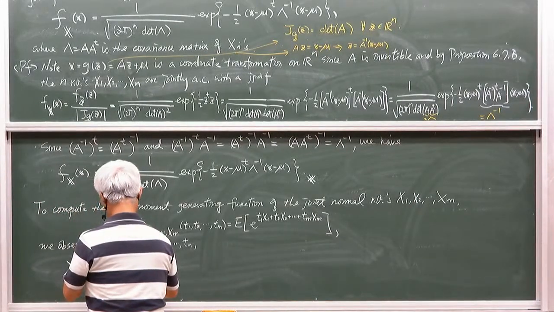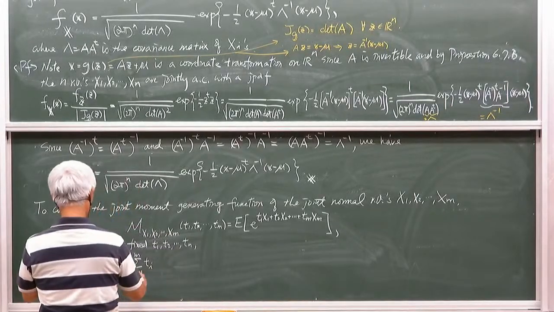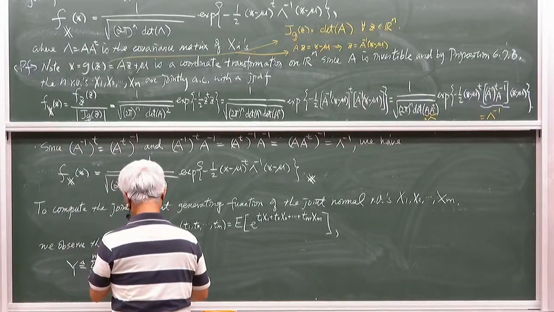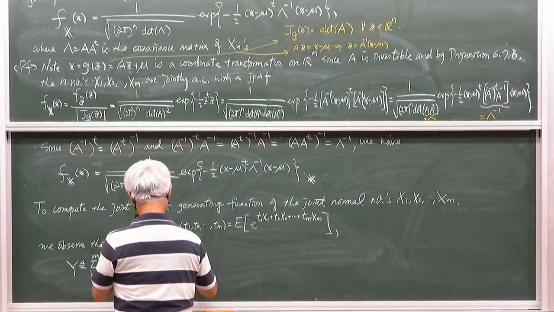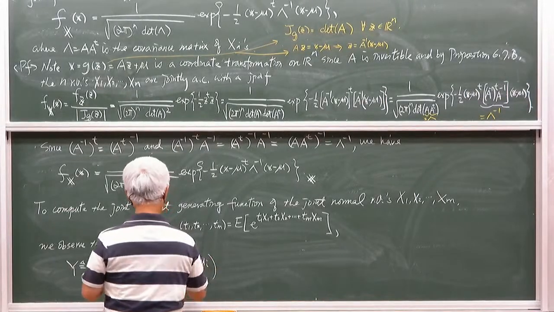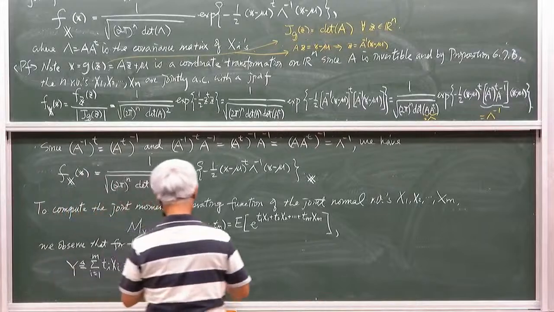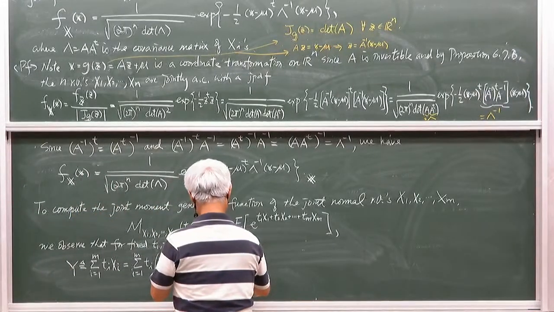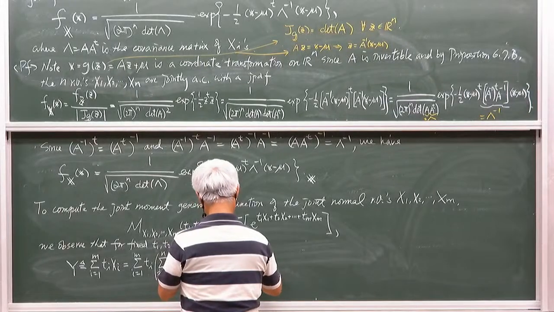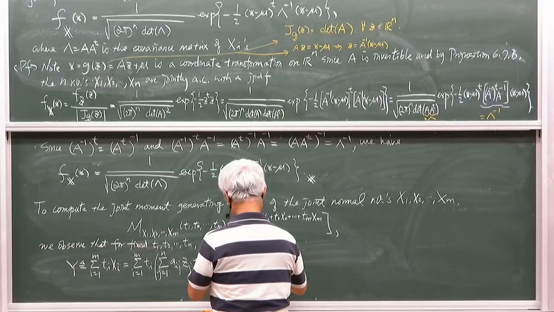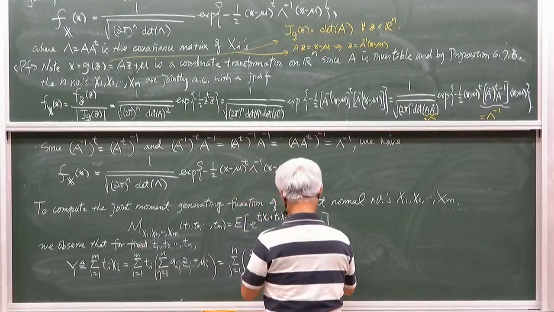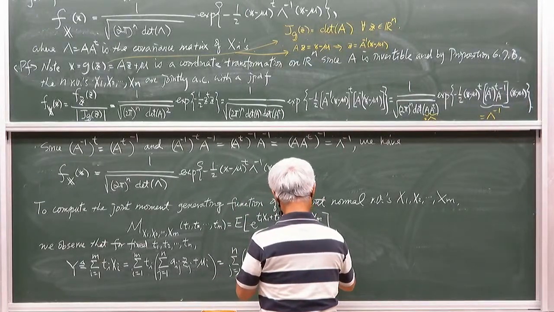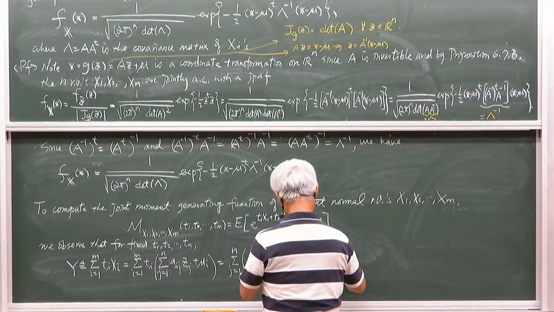But each xi is an affine, a linear combination of the Z's plus a constant. So by regrouping, we have the sum of Ti and Aij times Zj plus the summation from i equals 1 to m of Ti and mu i here.